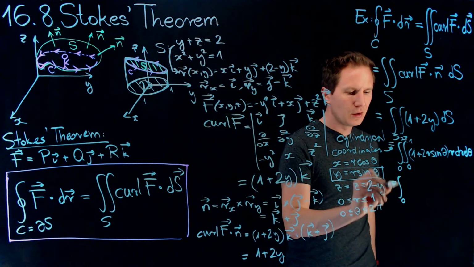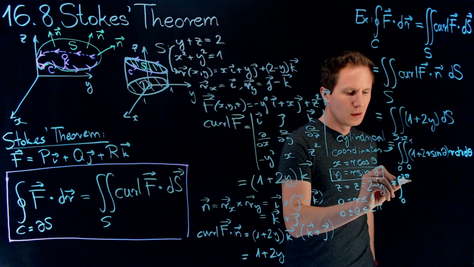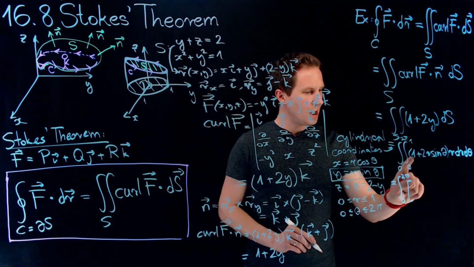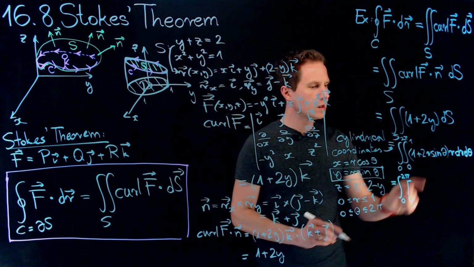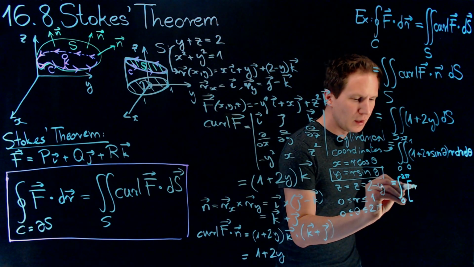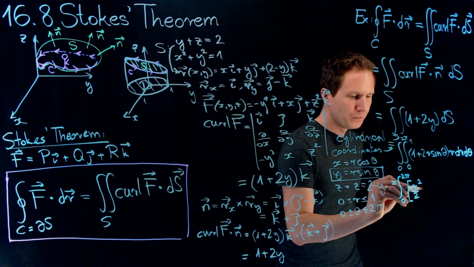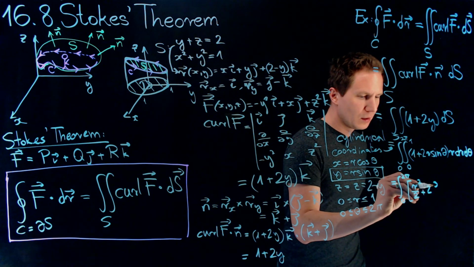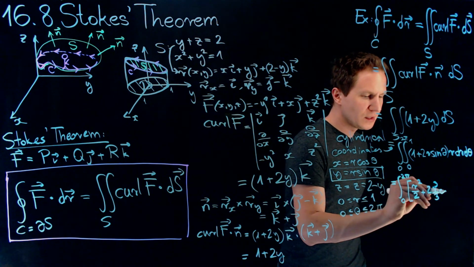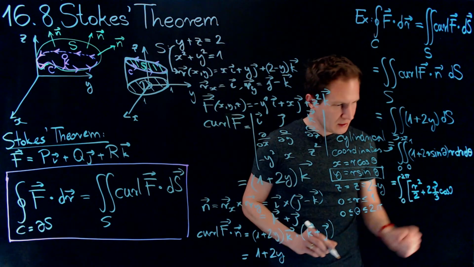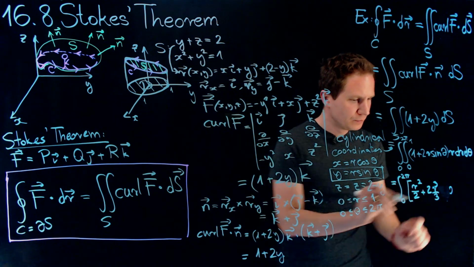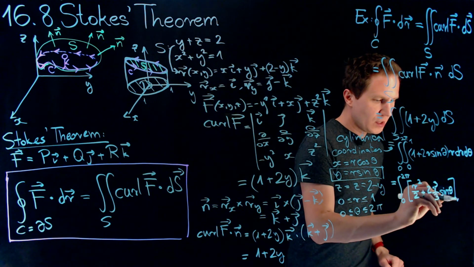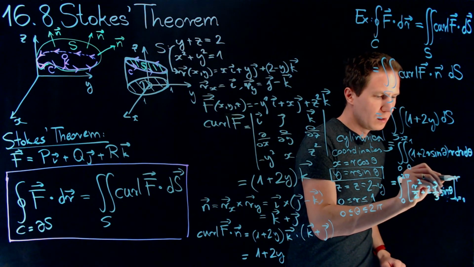So let's do the inner integral first. The antiderivative of that function, which is r plus 2r squared times the sine of theta, will be r squared over 2 plus 2r cubed over 3 times the sine of theta, as r changes from 0 to 1.